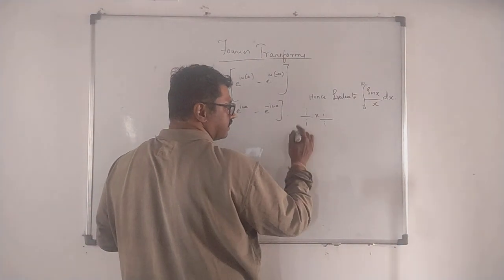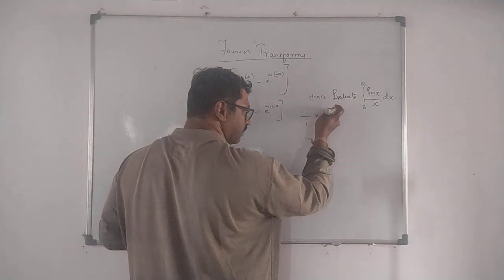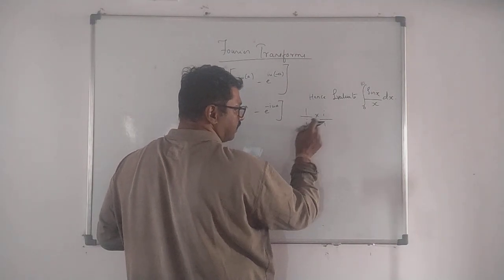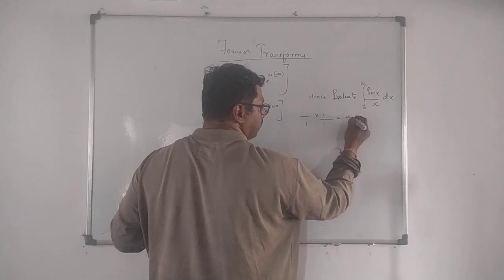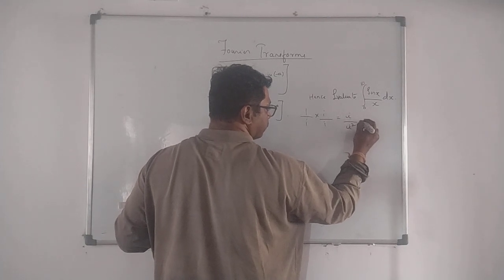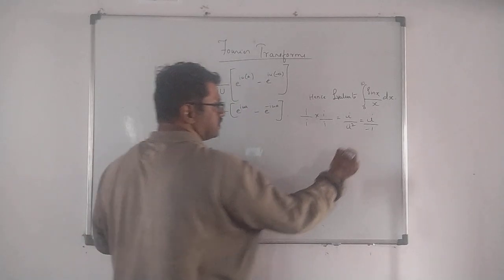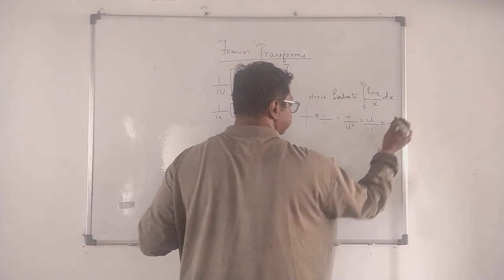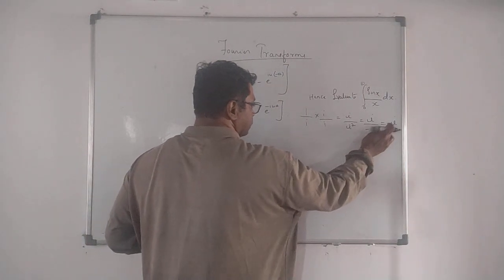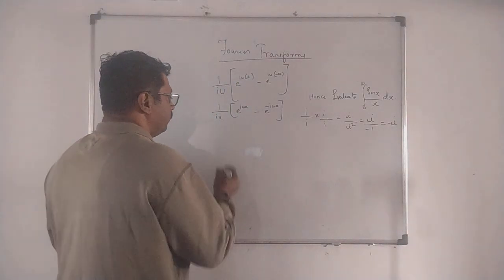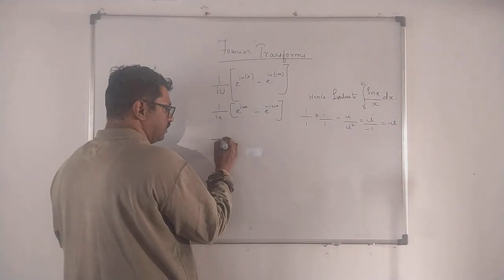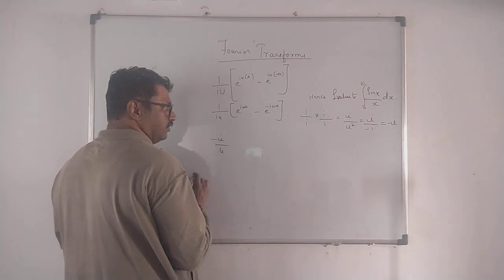It has to be rationalized. i is there, multiply by i and divide by i. Nothing will happen to this. So i by i square. As you know, i square value is minus 1. So this is minus i. Plus into minus will be minus i. So I will put this minus i in the numerator. Let the u be here.